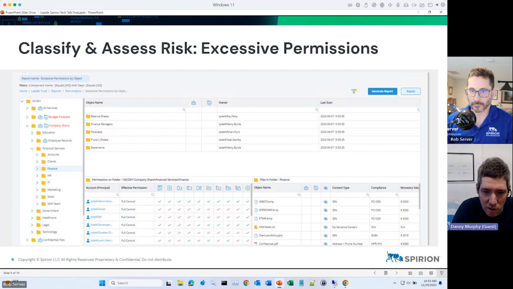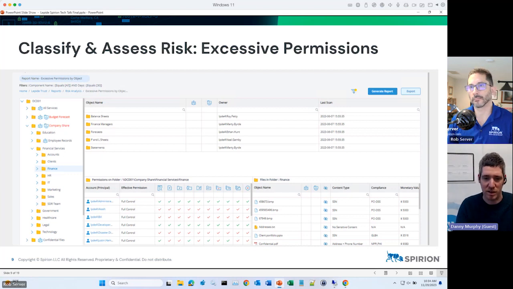So you can see over in the bottom right hand corner, we've been able to identify, using Spirion, the content of each of these files. As Rob mentioned on the previous slide, we've identified some social security numbers, some generic phone numbers. We've associated that with a specific compliance mandate or regulation.